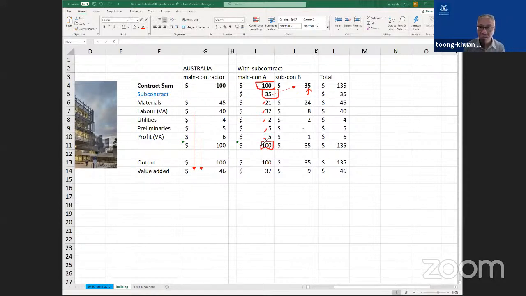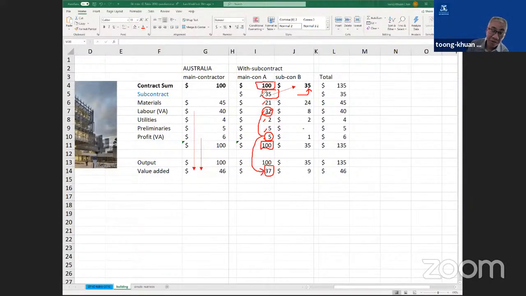Because if you're the main contractor and you subcontract 35, you will still be reporting that you've done $100 million worth of work, but your value add has dropped. Your direct value add is now 32 plus 5, so 32 plus 5 gives you 37.